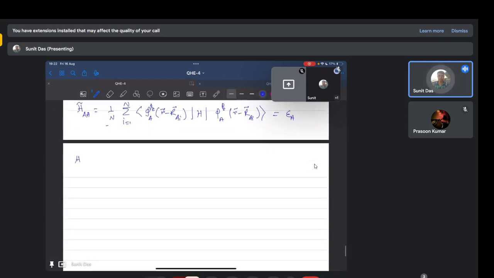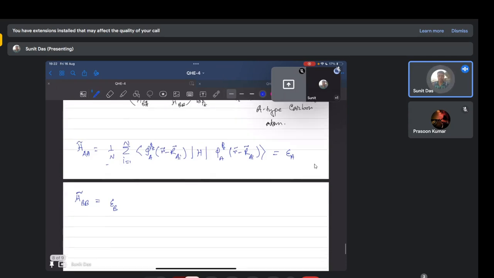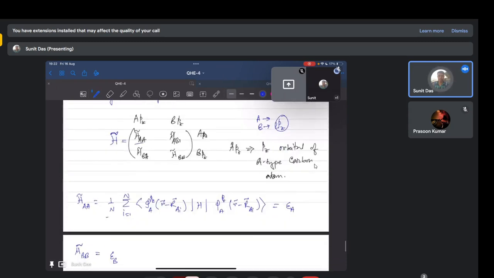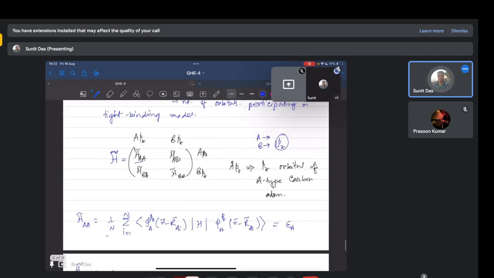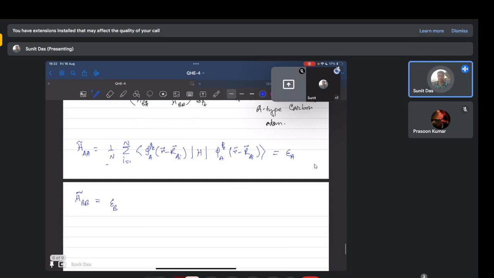Similarly, we'll have HBB tilde equal to epsilon B, let's say. These we call on-site energies. On-site energy means you are not interacting with the other type of orbitals, right? It means a self-interaction kind of thing, although self-interaction is not the right terminology, but these are on-site potentials.